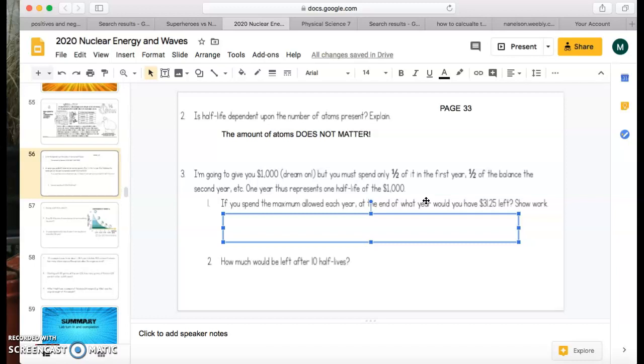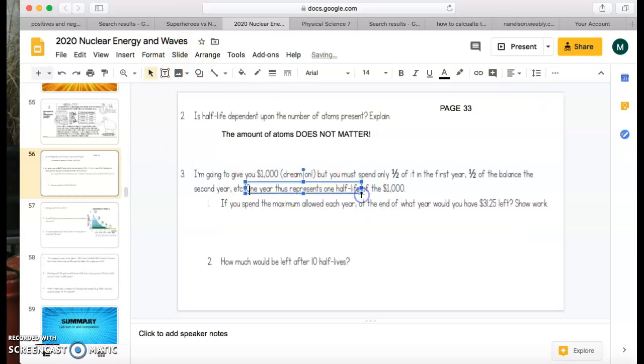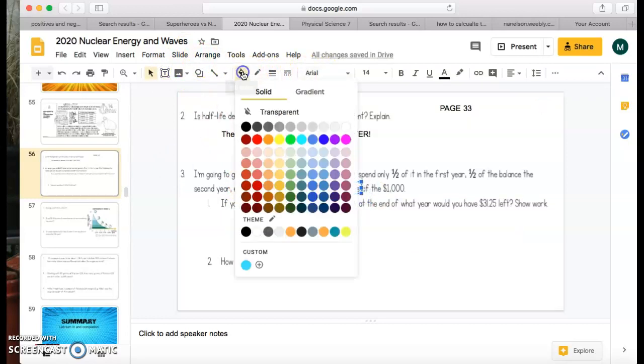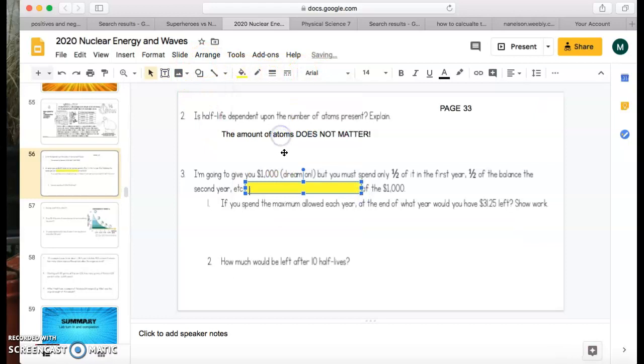Okay, so let me kind of break this down for you. What we're saying is I'm going to give you $1,000. Every year you can only spend half of that money. Okay, so 1 half-life is 1 year. So every year you can only spend half of whatever money that you have left.